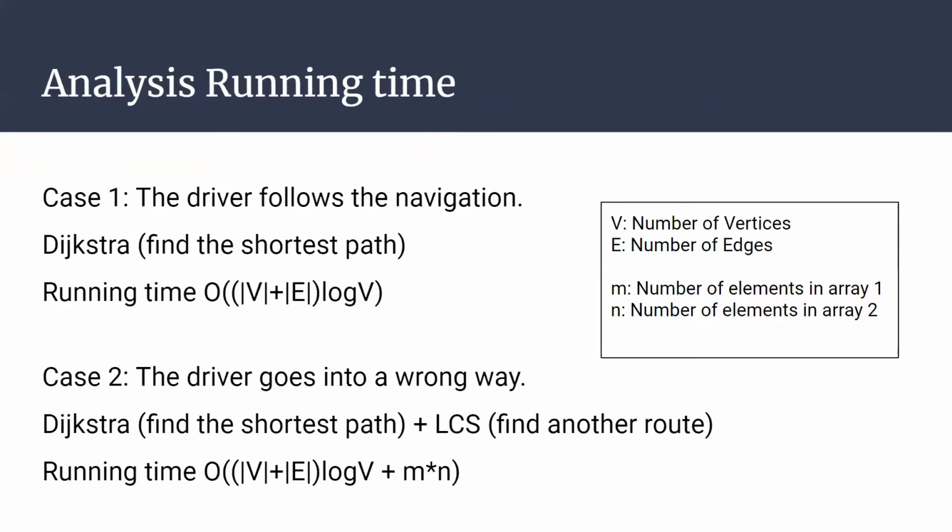The total running time will be the running time of Dijkstra plus the running time of longest common subsequence. So it will be O of (V plus E) multiplied by log V, plus M times M, where the two M's stand for the number of elements in both arrays. Next.